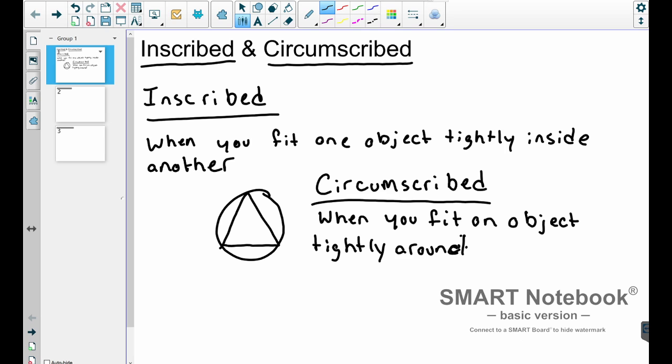So kind of the same thing, but not exactly. So inscribed is when you fit one object tightly inside another object. Circumscribed is when you fit one object tightly around another. Inside or around. Those are the big differences.